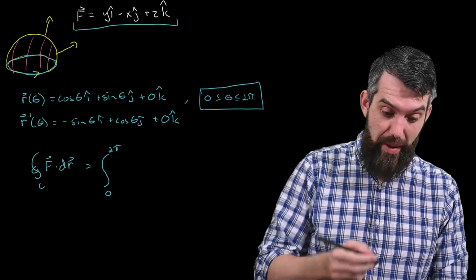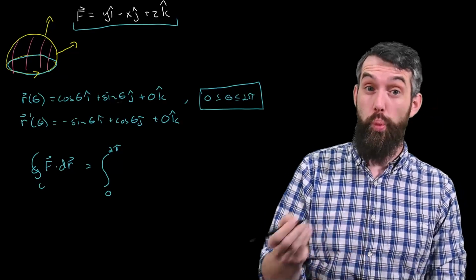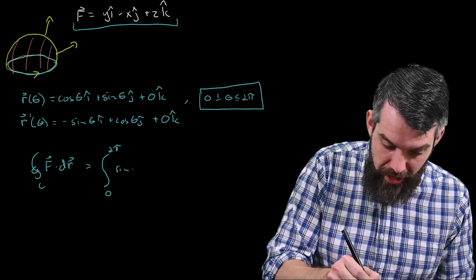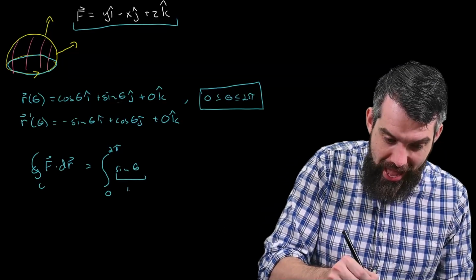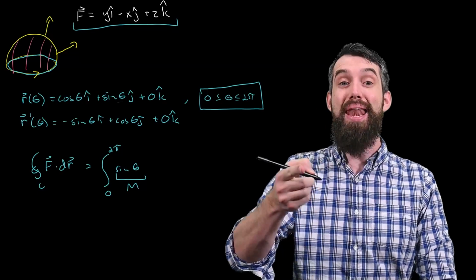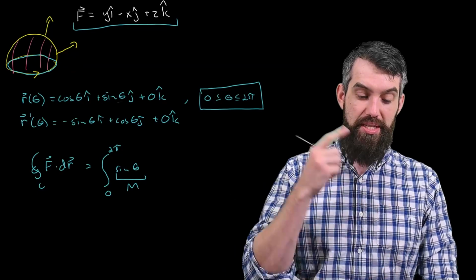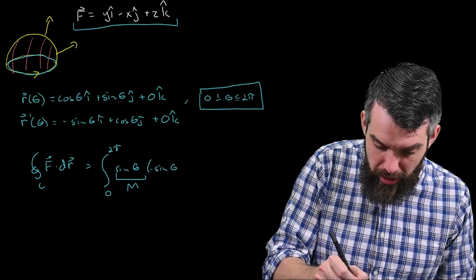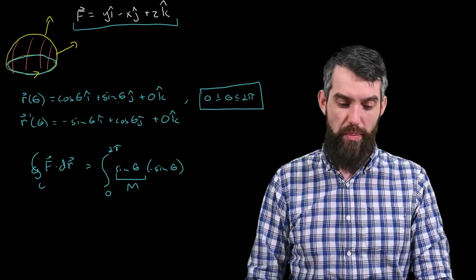What I have is my field components. The first field component is y, which in this parameterization is sine of theta. We sometimes call that M if the field is written in M, N, and P components. Sine of theta times minus sine of theta, the i hat component of my r prime.